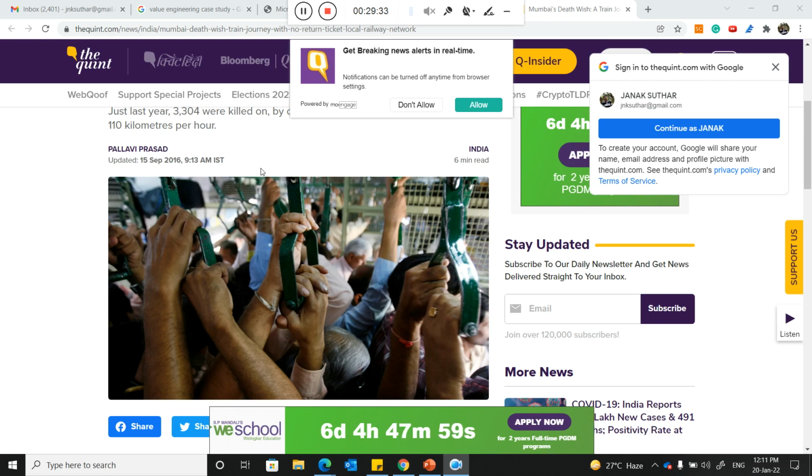Value is nothing but the ratio of function and cost. So here you increase the function of that particular product. Are you getting my point? That is a very good example. Two people can use that particular thing, so you increased the function of the product. Very good. So that is also one value engineering part. Any other student? Good, unexpected answer I got. Thank you.